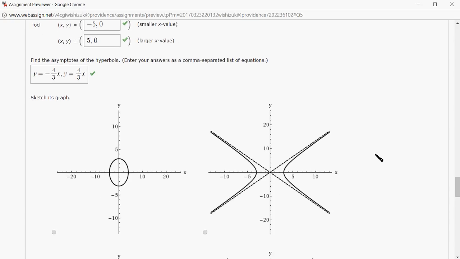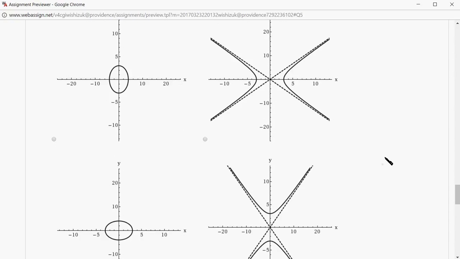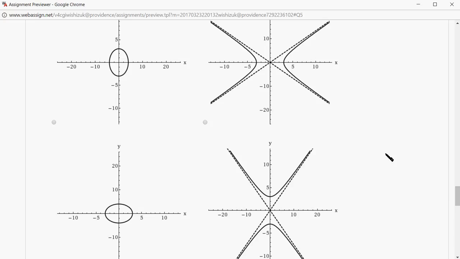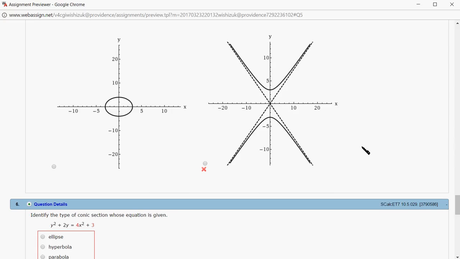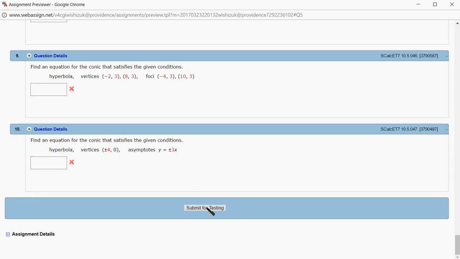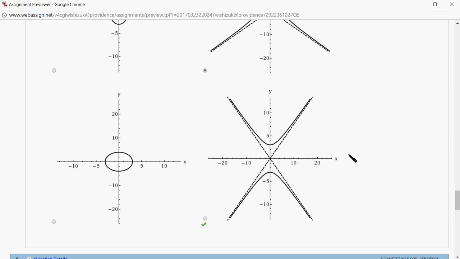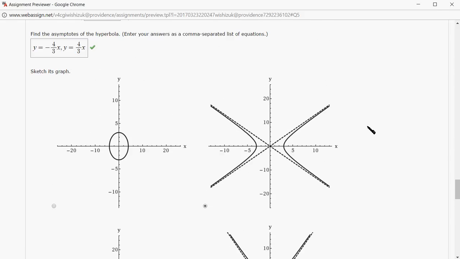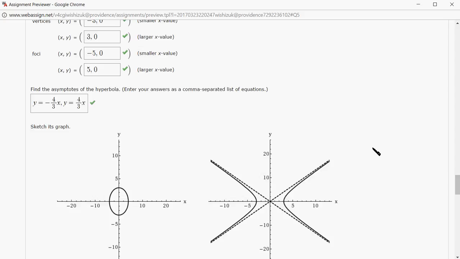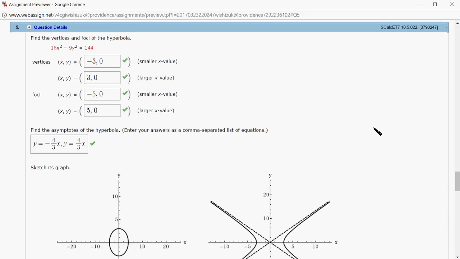Looks like the second one is promising, but not the fourth one. So we know that this is the right picture. Let's check the answer. Submit for testing. It came back and we got the graph correctly as well. That's it. I hope that this was clear.